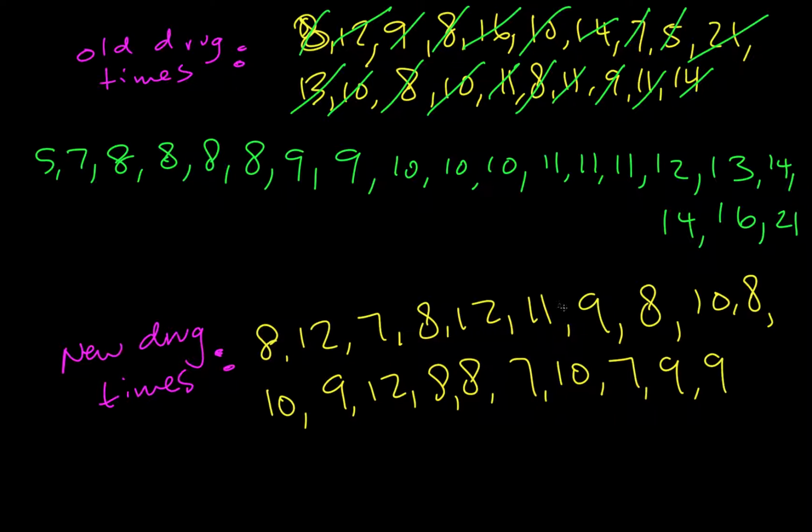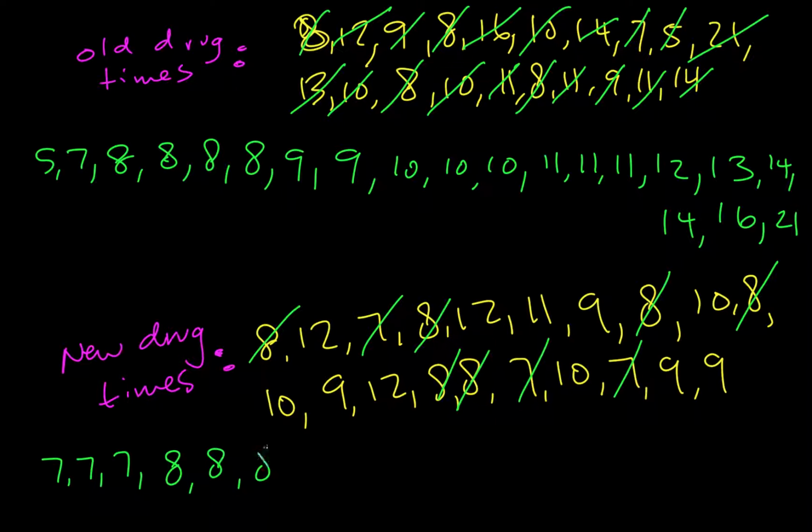I believe the lowest number here is 7. So we have 1, 2, 3 7s. We have 1, 2, 3, 4, 5, 6 8s. And then 1, 2, 3, 4 9s.